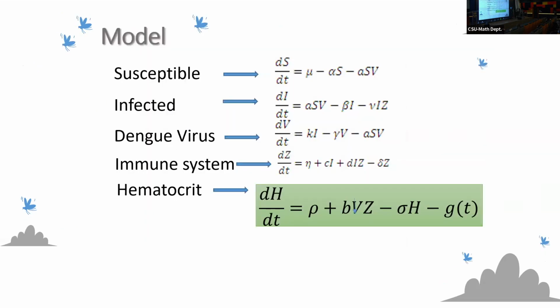We have the same four compartments as before, and then we introduce hematocrit dynamics, where rho is the production of red blood cells, then this is the interaction between free virus and immune response, this is the survival rate of plasma cells, and this is our infusion supply effect.